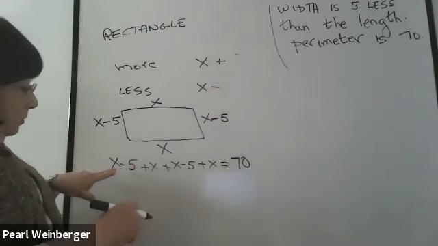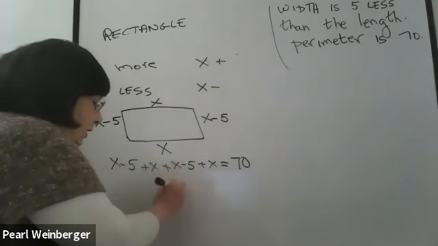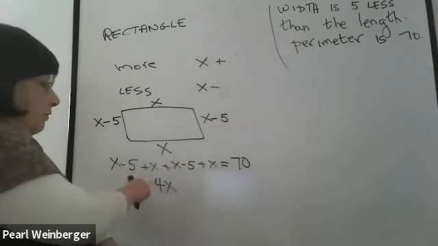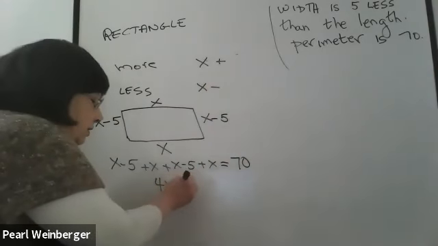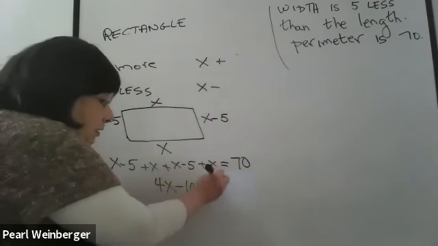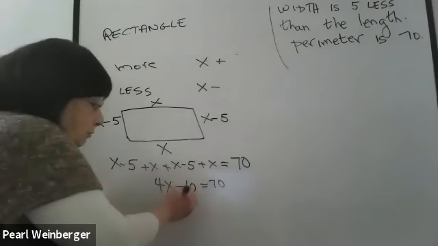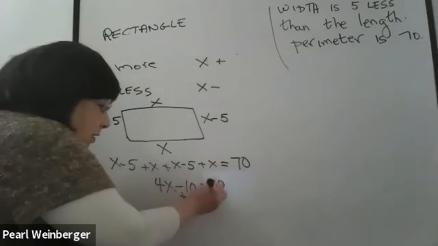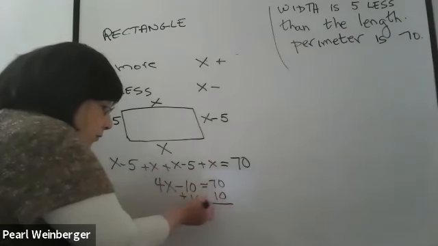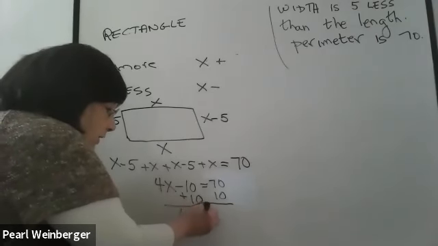Combining the like terms, I have 1, 2, 3, 4 X's, so that's 4X. Negative 5 and negative 5 gives me negative 10 equals 70. And now I just have to solve this equation, so I'll add 10 to both sides, which will give me 4X equals 80.